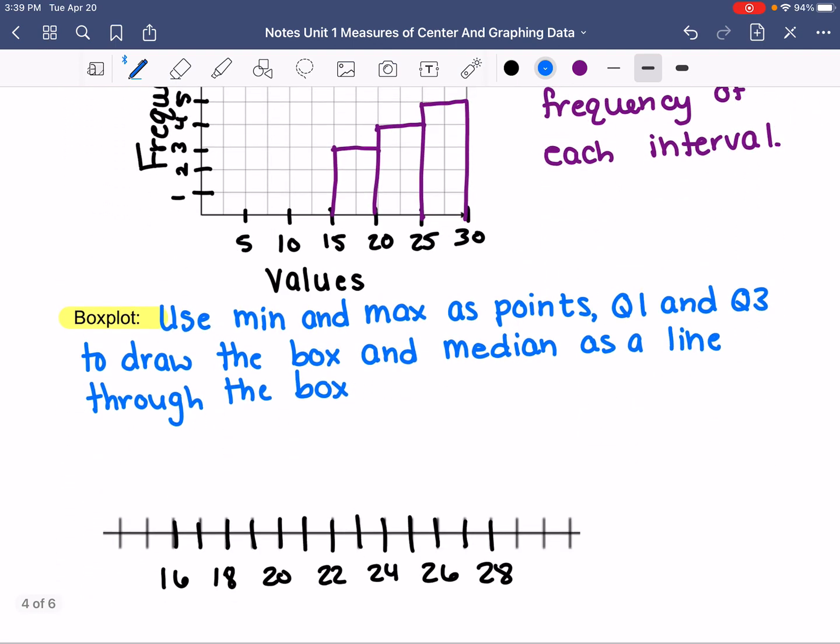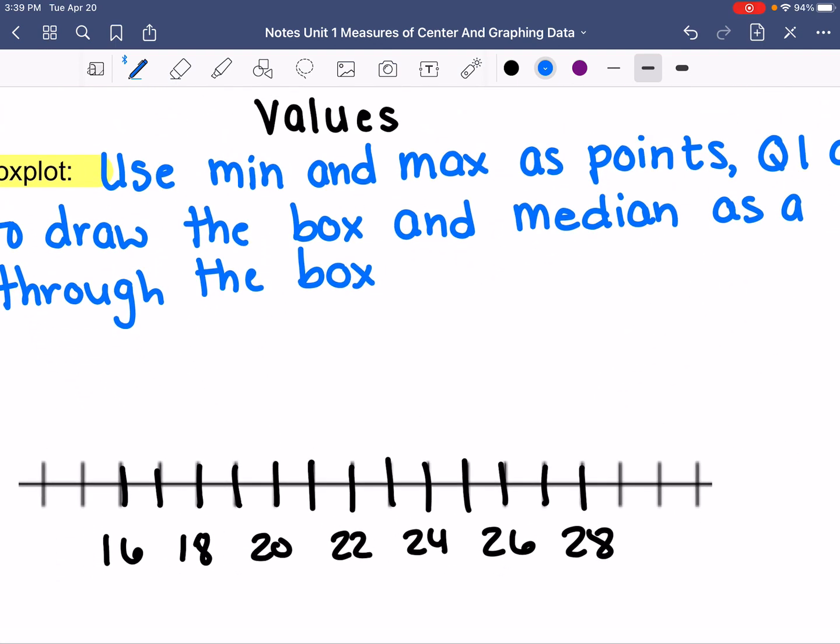So when we draw our pieces, we're going to draw our dots at 16 and 28, but you don't draw them down here. You draw them kind of up in the middle at 16 and 28. That's our minimum and our maximum. Then I draw my box using Q1 and Q3. Q1 was at 18, so I draw a line.